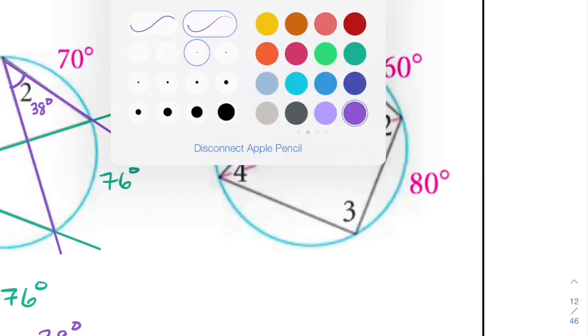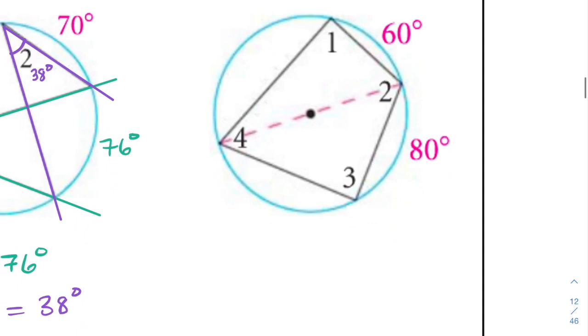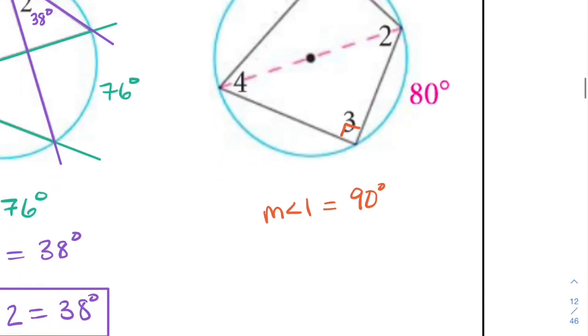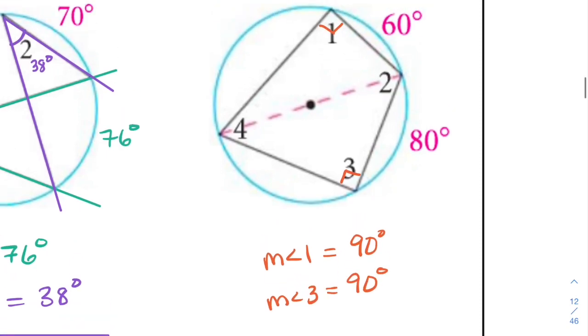So I can quickly say that the measure of angle 1 is equal to 90 degrees, because that is inscribing a semicircle. It's intercepting the arc of a semicircle. So the measure of angle 3 is also 90 degrees. Not only because it's a semicircle, but also because collectively the measure of angle 1 plus the measure of angle 3 has to add up to 180 degrees.